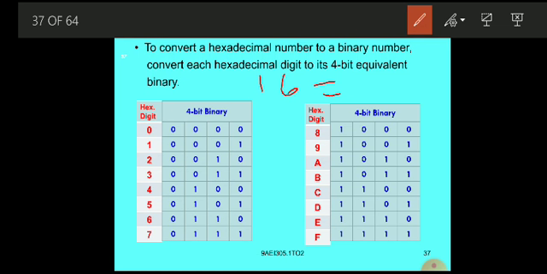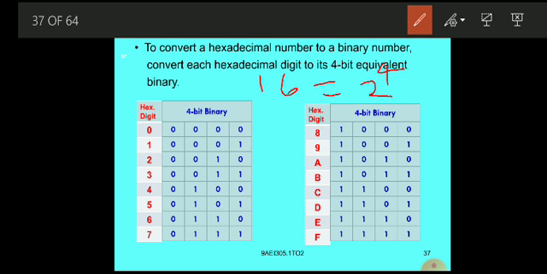How can 16 be expressed? 2 power 4. That means each digit of a hexadecimal number will be represented by 4 bits of a binary number. That is the idea you have to remember.